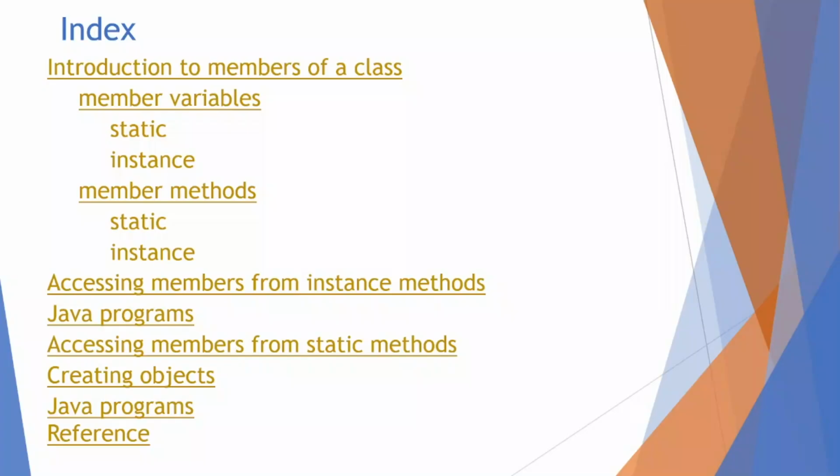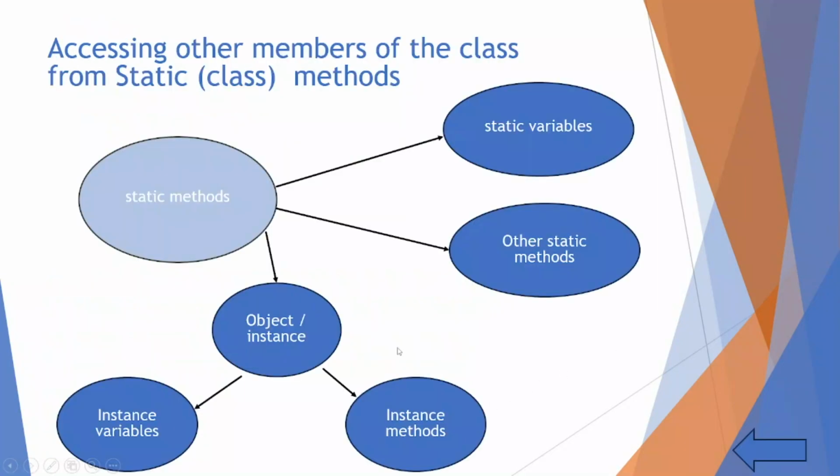Now let's see how to access other members from static methods. Static methods can directly access static variables and other static methods. They can directly access static ones only. But in order to access instance variables, instance means object. The name itself tells we need an object.